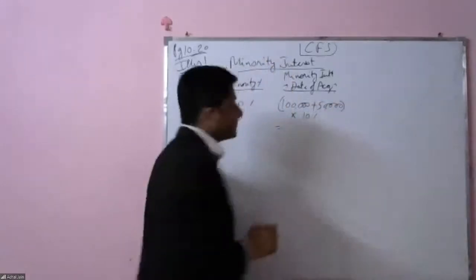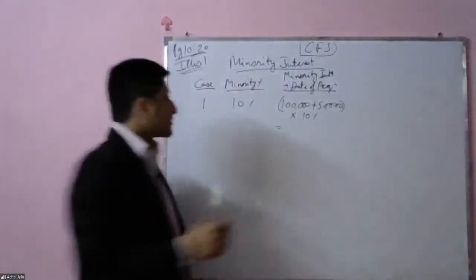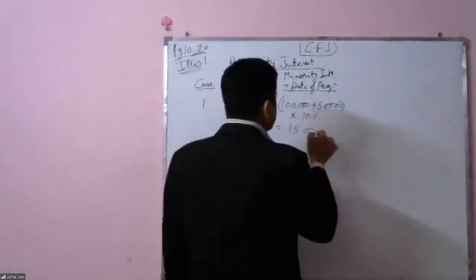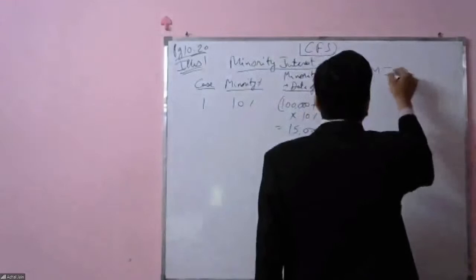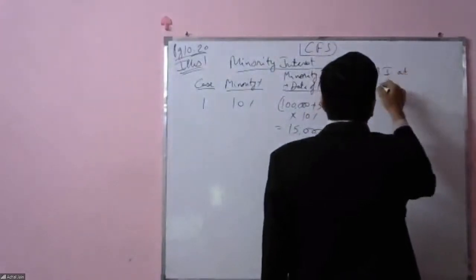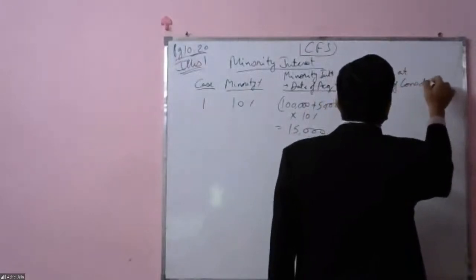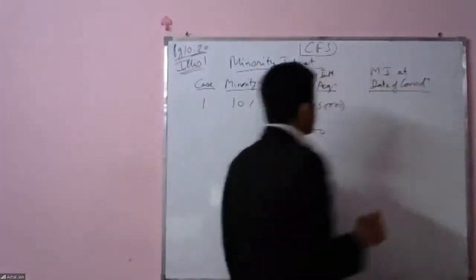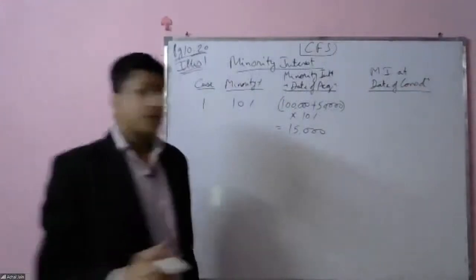So what do we get? 15,000. Similarly, we can also compute the minority interest at the date of consolidation. On the date of consolidation, what do we have? 1 lakh plus 70,000.